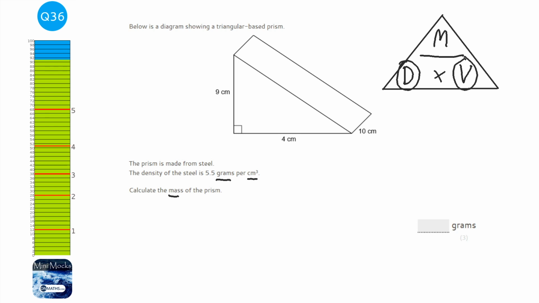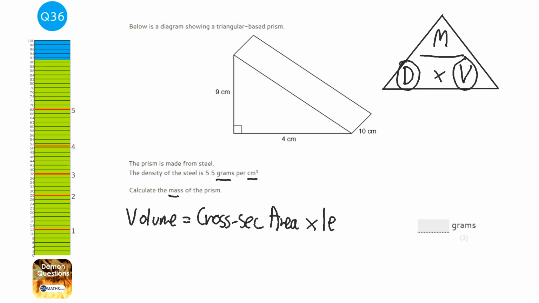So the first thing I need to do is work out the volume of the prism. So to work out the volume of any prism, it's the cross-sectional area times the length. And some people call the length something else, but the length is basically how 3D the prism is.